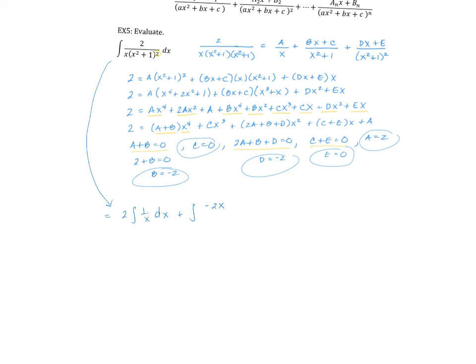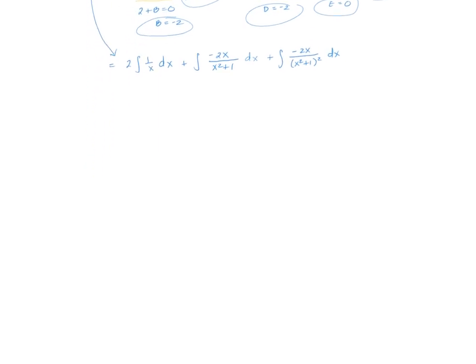So negative 2x over x squared plus 1 dx plus the integral of d is negative 2 but e is 0. So this is also a negative 2x in the numerator over x plus 1 quantity squared dx. And it looks like I could bring out those negative 2's. Maybe I can do some u substitutions. Yeah, I think u substitution will be fine.